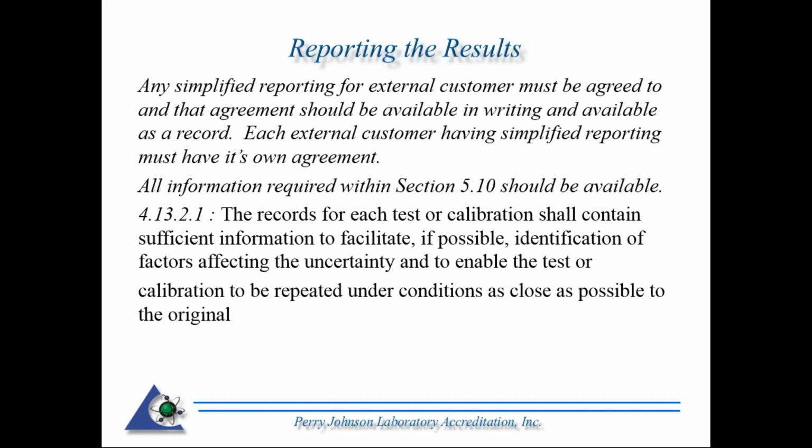Therefore, even though you're doing simplified reporting for an external customer, and you have that written agreement in place, all the information needed in 5.10 and all the information needed to repeat the test or calibration does need to be available.